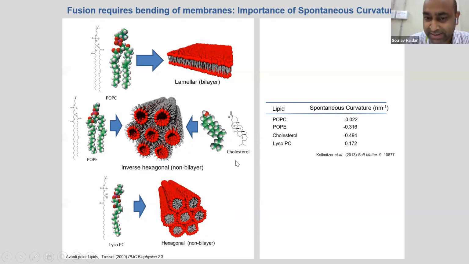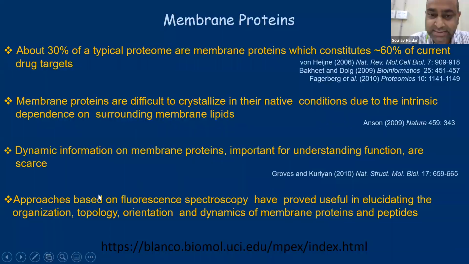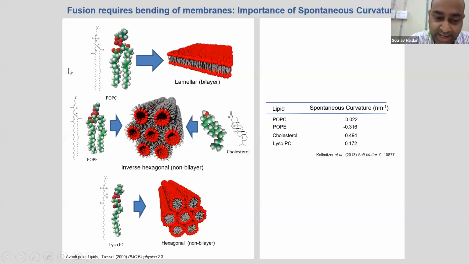Similarly, cholesterol by itself, if taken under appropriate conditions, will also form inverse hexagonal phase. Likewise, if we take lipids which are more like detergent, for example, lysoPC, one of the favorite lipids of Santoshji, because he has been using it very judiciously in arresting cells at different fusion stages.